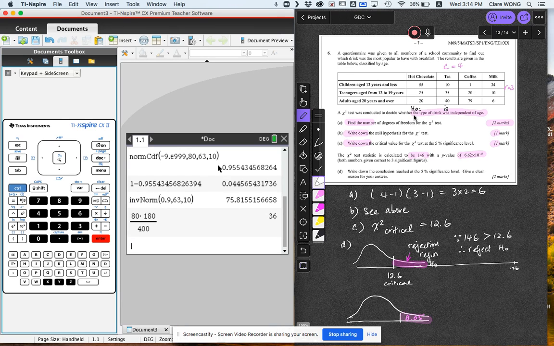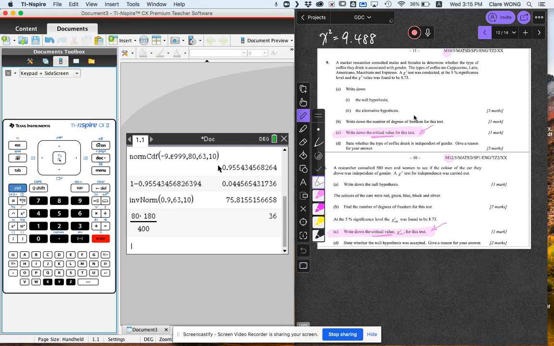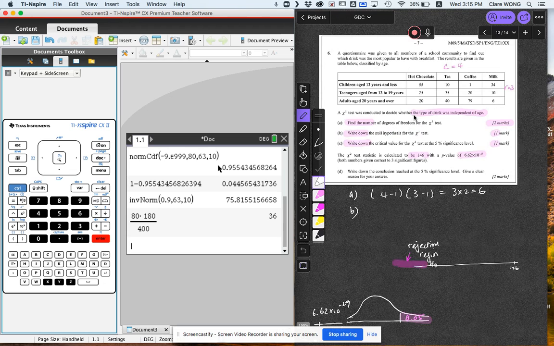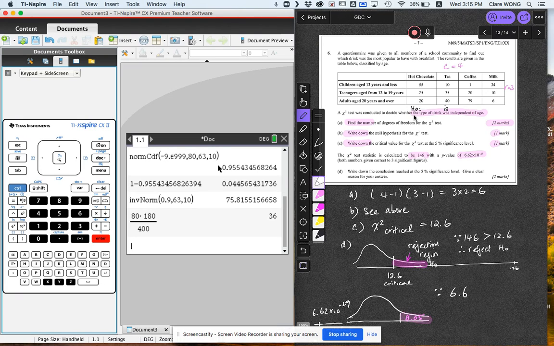So it's all the way here. Very small p-value.